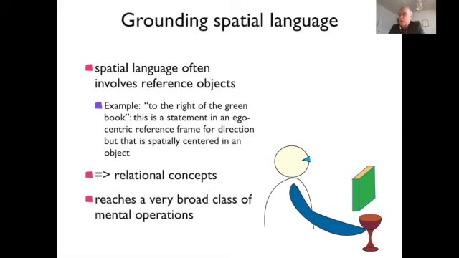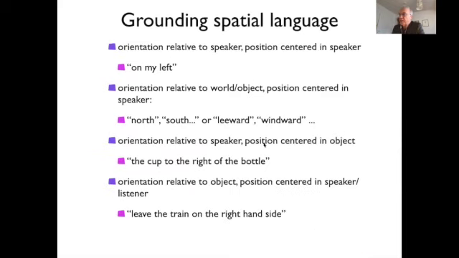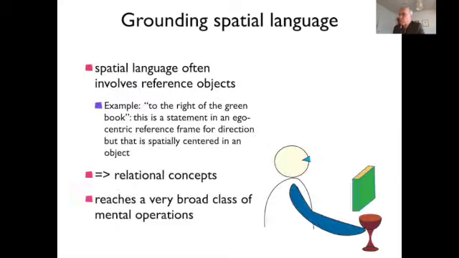So you already saw that many of these spatial terms have reference objects. In this classification, these can be used absolute, but all of these here have reference objects. So, to the right of the green book: the green book is the reference object, and it serves here to center the reference frame, while the orientation is absolute.